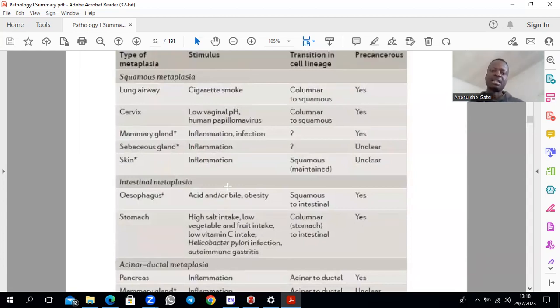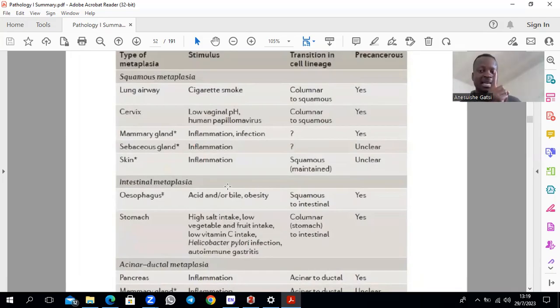Then metaplasia can be precancerous, but sometimes it's not always going to be precancerous. So it's not every metaplasia that is going to lead to cancer. Get this right. Some metaplasias can lead to cancer, that's fine, but not every metaplasia can lead to cancer. And when eventually you get to cancer, it's going to be a metaplasia, dysplasia, neoplasia sequence.